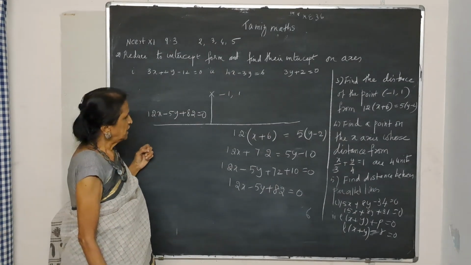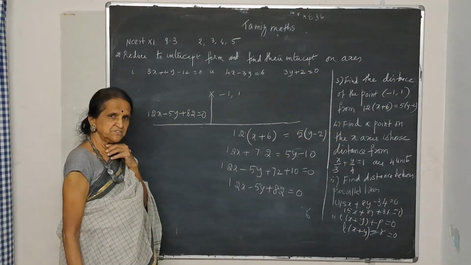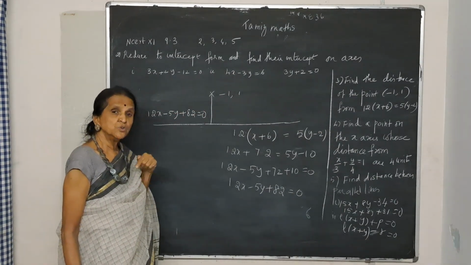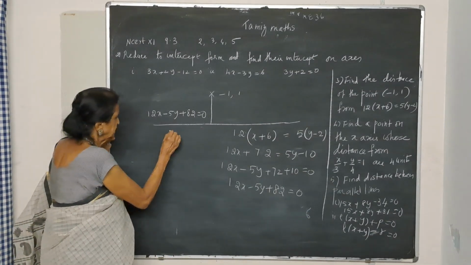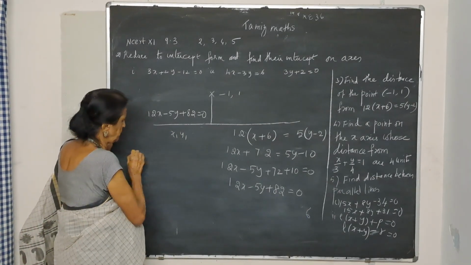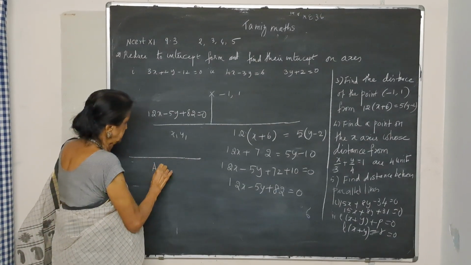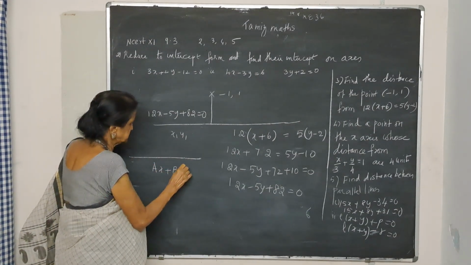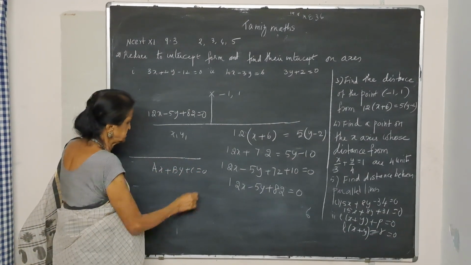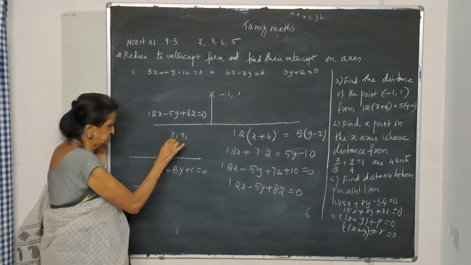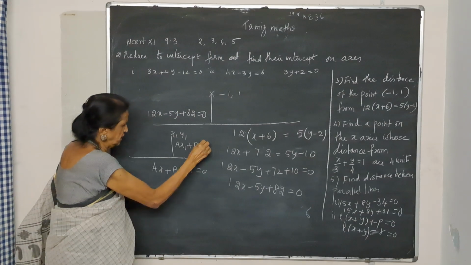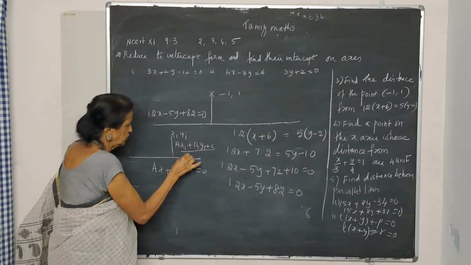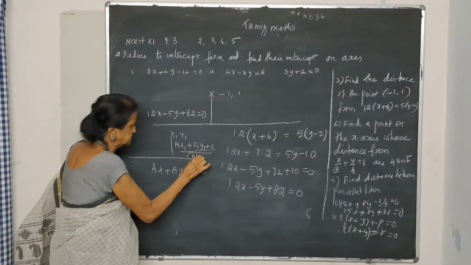Now what is the perpendicular distance from the point x1, y1 to the line ax plus by plus c equal to 0? The distance is given by the modulus of ax1 plus by1 plus c, divided by root of a square plus b square.